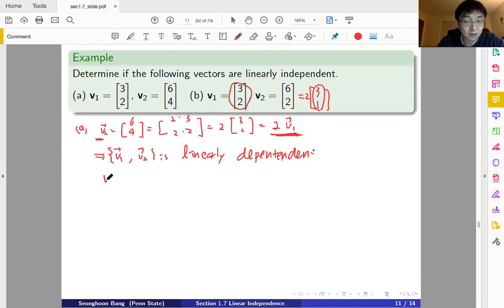So v1 is not equal to some constant times vector v2. Impossible. Vector v2 is not equal to a constant times vector v1, not a multiple of the other vector. So what does it mean? The vector v1 and vector v2 are linearly independent.